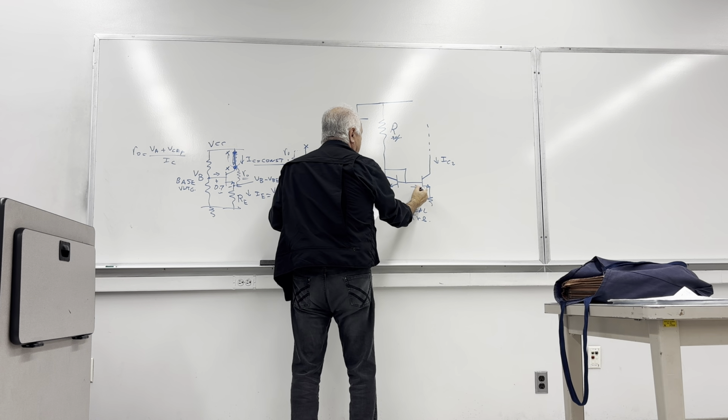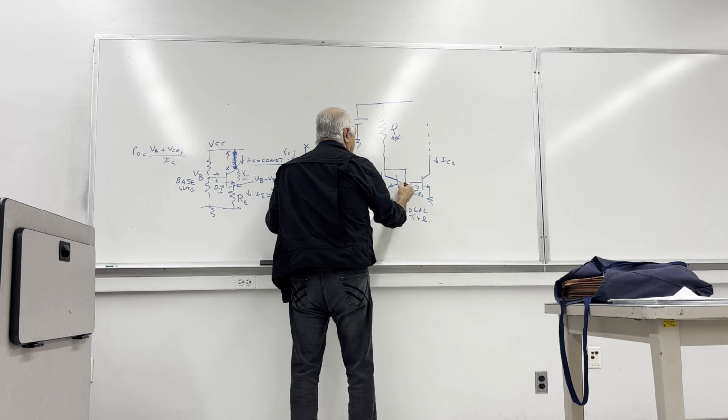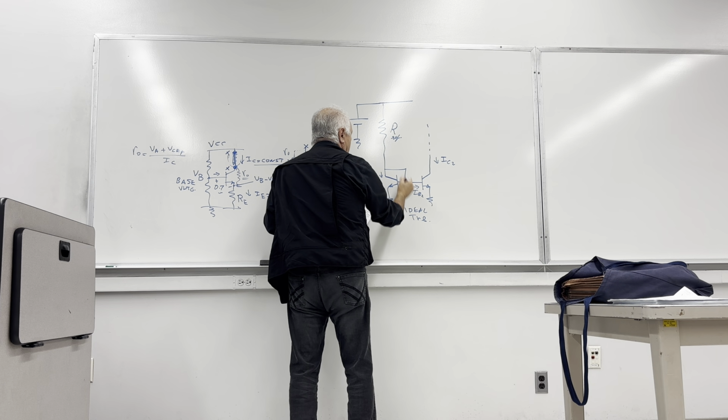then you will have a current here, IB2, a current here, IB1, and a current in this path, the sum of the two, IB1 plus IB2.